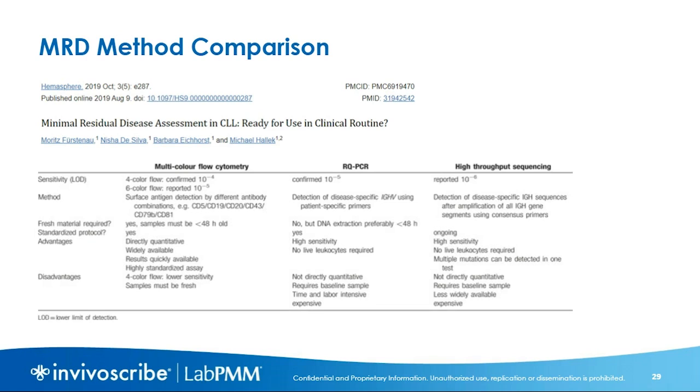High throughput sequencing is clearly a more sensitive option. It can detect multiple mutations in a single test, but the disadvantages, like PCR, are that it's not directly quantitative, it requires a baseline sample, and it's less widely available. However, with that being said, one must keep in mind that regarding prognostication, there's really not this great push for fast results.